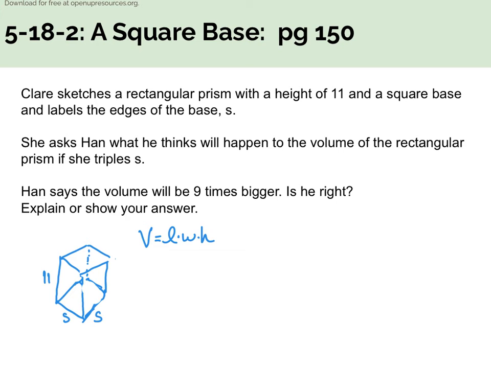I have a height of 11, and both of these are S's, not 5's. Okay, so if we were trying to find the volume just of this, we're going to have volume as S times S times 11. So that's going to be 11 and then S squared. S times S is S squared. So this is our original.